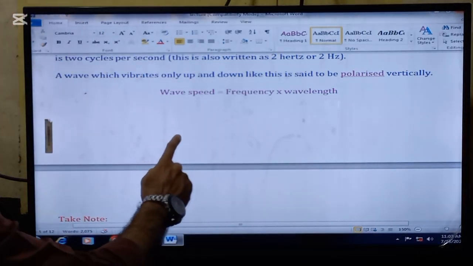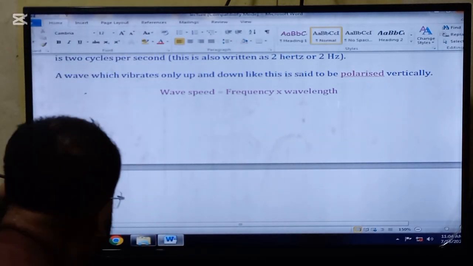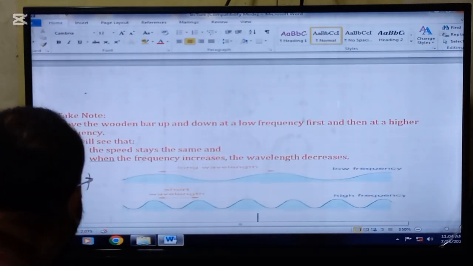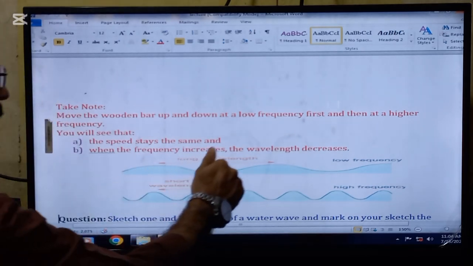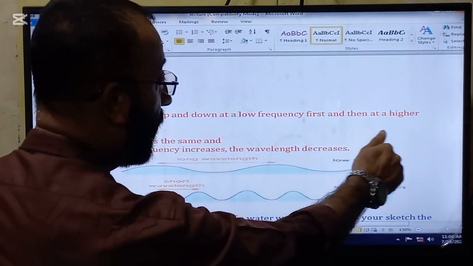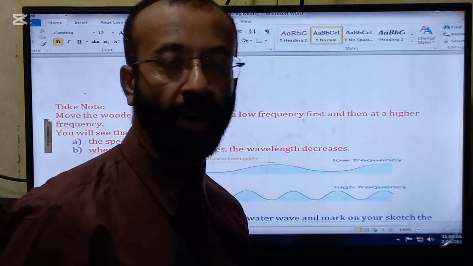Wave speed formula is frequency multiplied by wavelength. Take note: move the wooden bar up and down at a low frequency first and then at a higher frequency. So this is a very important point.